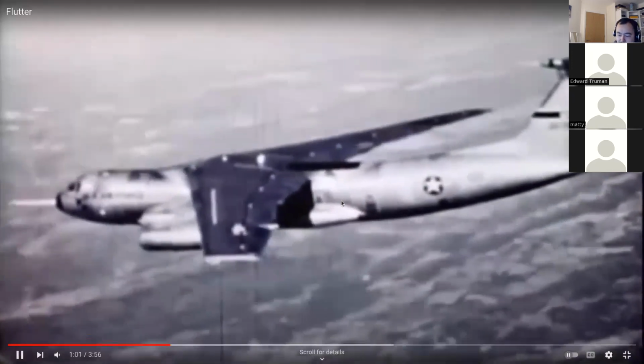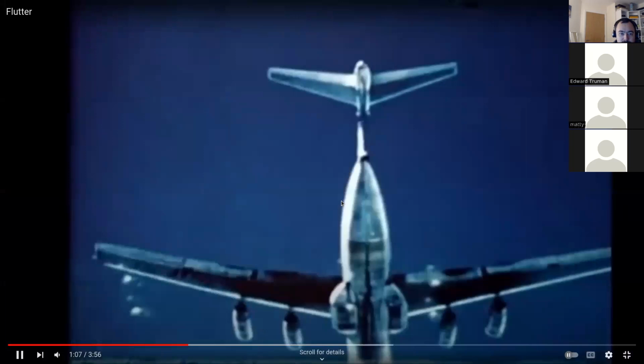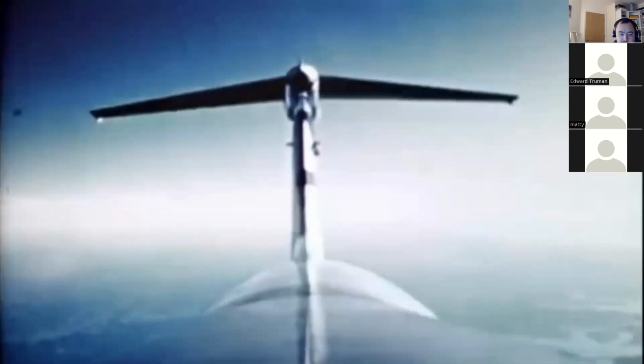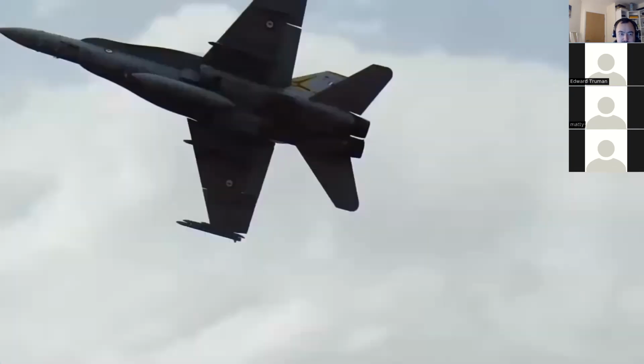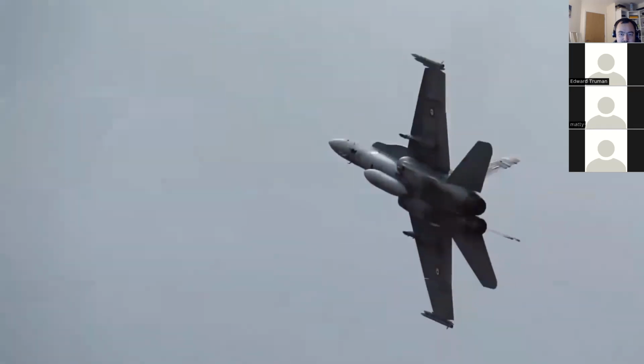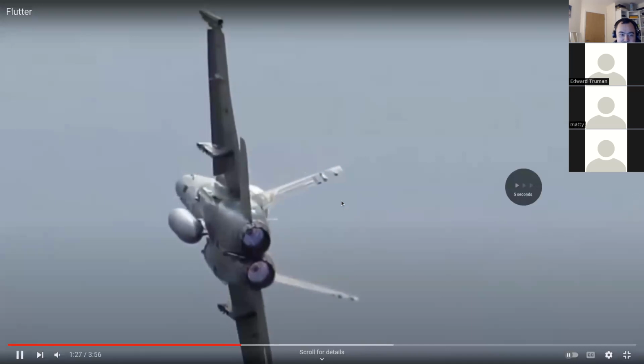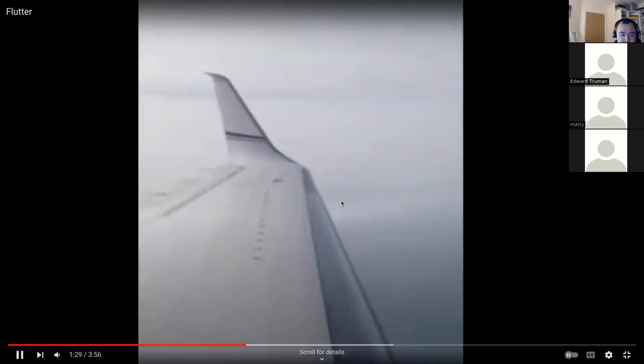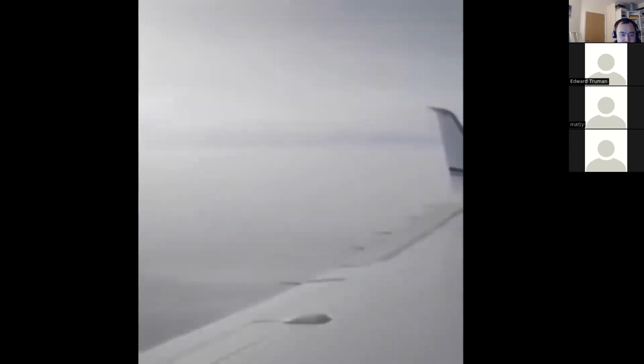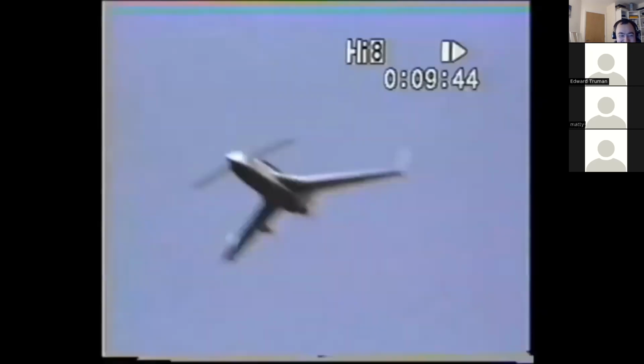You can see the tail vibrating. I don't know what this is, but this shouldn't be fluttering. Passenger jets should not be put into the position of flutter.